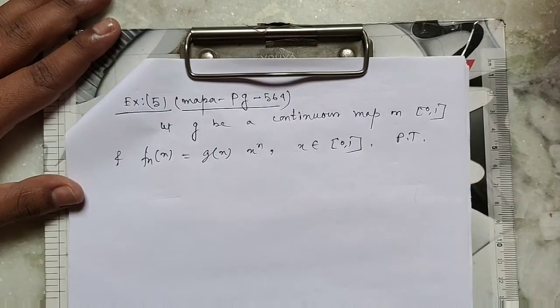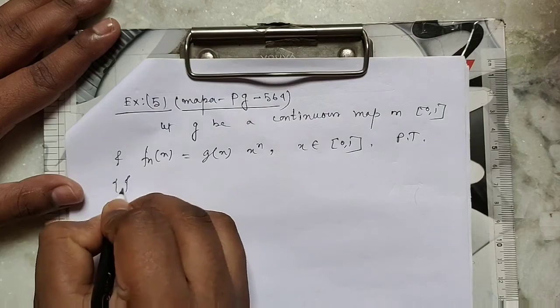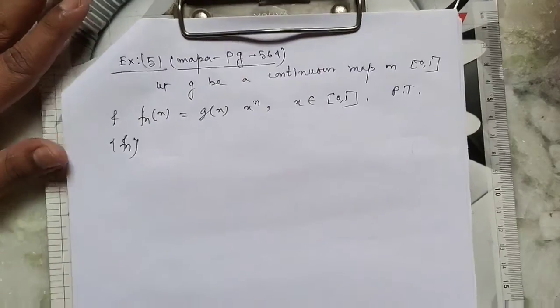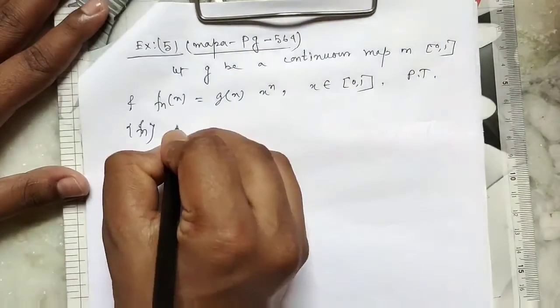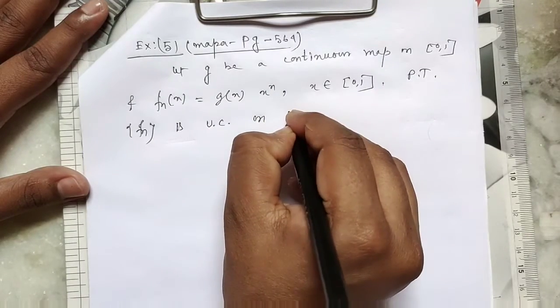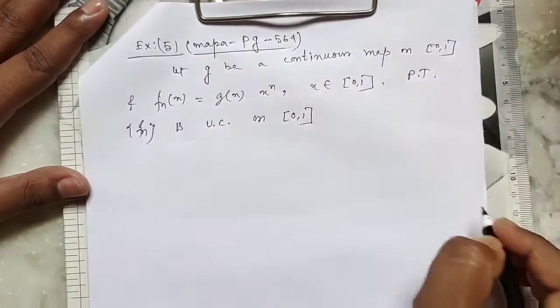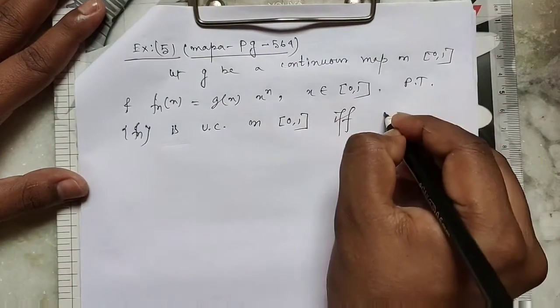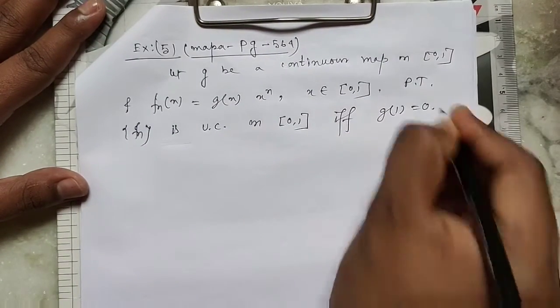Prove that the sequence of functions fn is uniformly convergent on [0,1] if and only if g(1) equals 0.